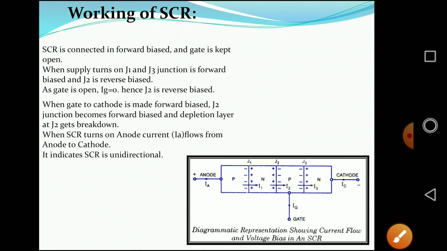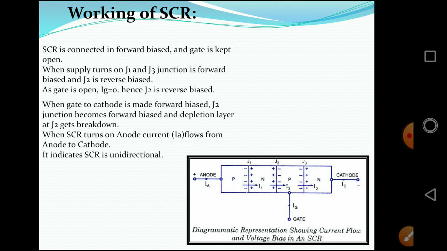So when the supply turns on, the positive supply gets connected to the anode and the negative supply gets connected to the cathode. The anode is connected to the P layer, whose charge carriers are holes, which are positive. By getting the positive supply, holes are repelled towards junction J1.